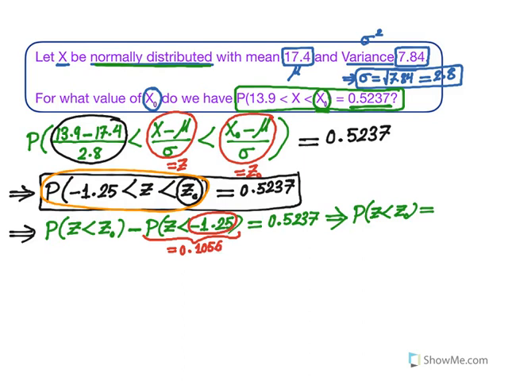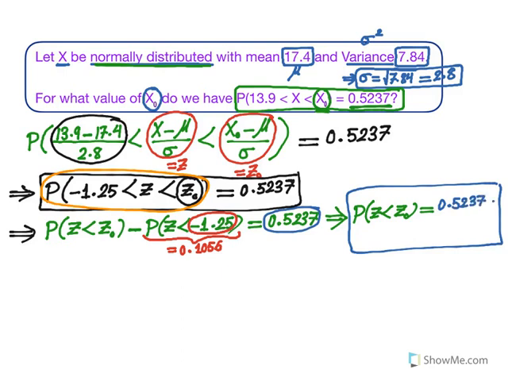So now you can say that this probability here will be equal to this number, which is 0.5237, plus this number, because you take this to the other side, it will become positive. So now plus 0.1056. And if you do the summation, you should get 0.6293.